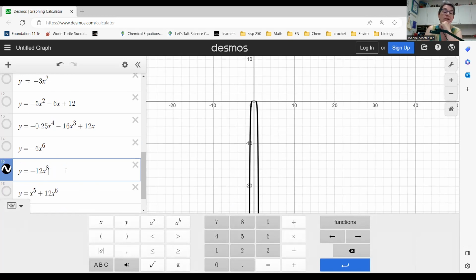You know what? It's a little bit like being a millionaire. If you lose a couple of quarters, it's not going to make a big difference in your life. Although it's a silly example talking about money, that's actually some of the basis of calculus. For example, the limit of negative 12x to the 8th, as x goes to infinity. As x gets super duper large, in this case it's probably going to be infinity.